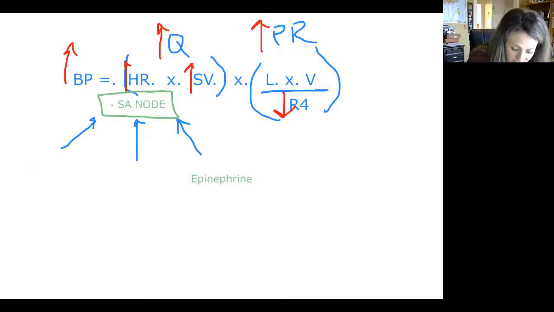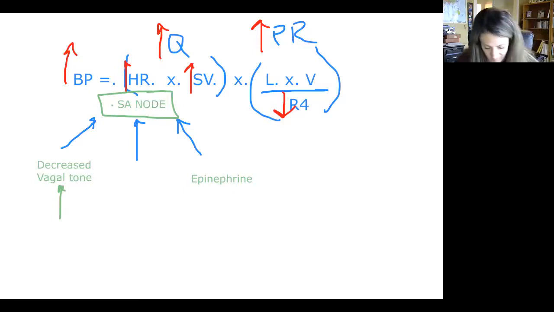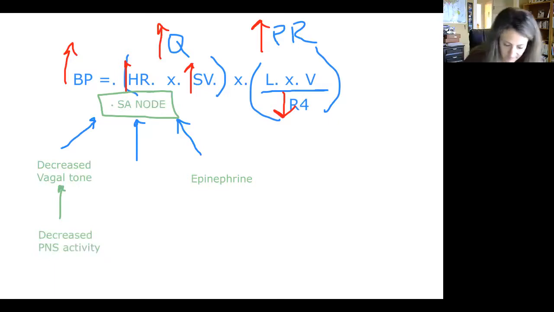So is it an increase or a decrease in vagal tone? Decrease. A decrease in vagal tone will cause an increase in heart rate. Okay, that decrease in vagal tone is caused by decreased parasympathetic nervous system activity, right?